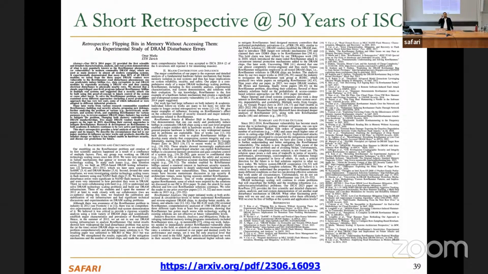ISCA is one of the top conferences in the computer architecture field. So basically, you can recognize the title of the paper. Actually, this is a recognition of the 2014 paper because of the impact it had in the field. So there's a short summary of that paper, the paper's impact, and what happened until the 50th year of ISCA.